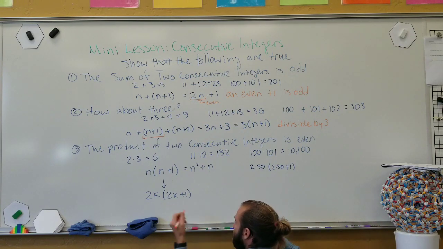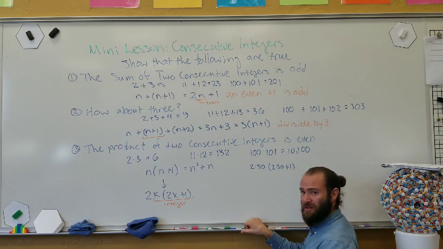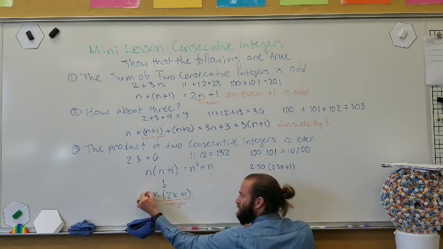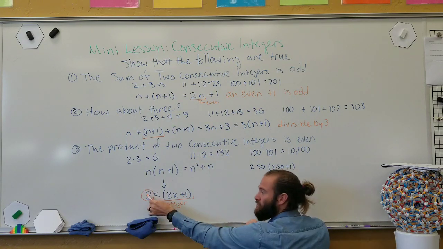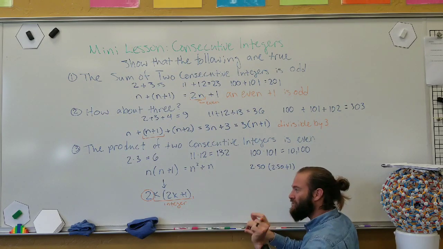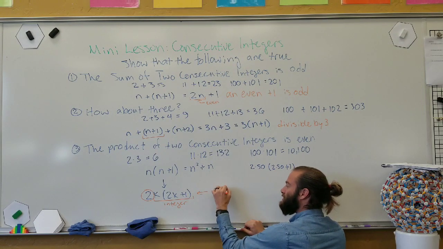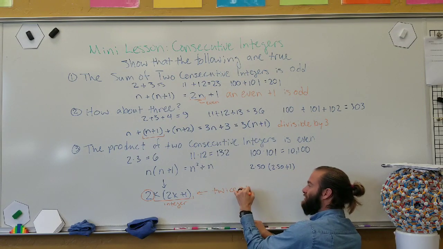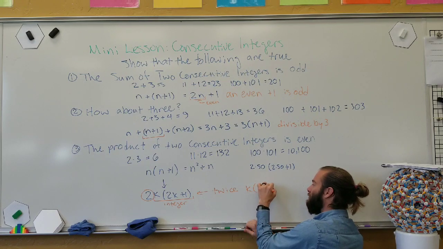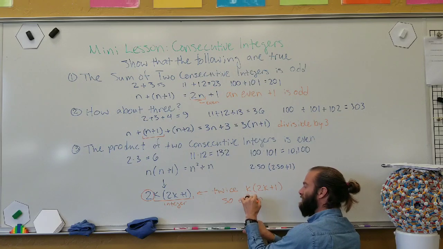Do you agree that this whole thing is still just going to be some integer, some other number, and it's being multiplied by 2? Because this is 2 times all that stuff. And remember, if anything is twice something, it's even, okay? So this represents twice the value of k times 2k plus 1. So because it's twice something, it's even.